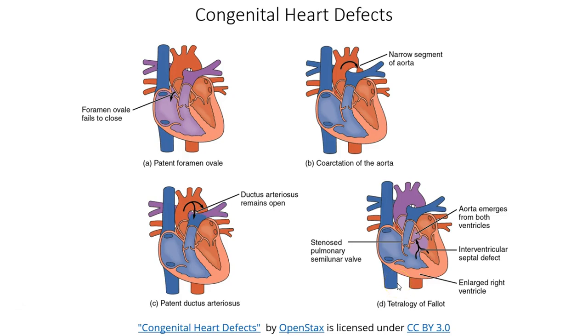This is caused by something we're not sure what, potentially exposure to environmental factors, and this happens when the interventricular septum, so that muscular layer in between the ventricles, does not close the way it's supposed to, and so then we're going to get that mixing of deoxygenated and oxygenated blood, and so we are pumping blood out the aorta that is partially oxygenated, which is obviously going to mean that less oxygen gets to the cells of the body, which is not going to be good.